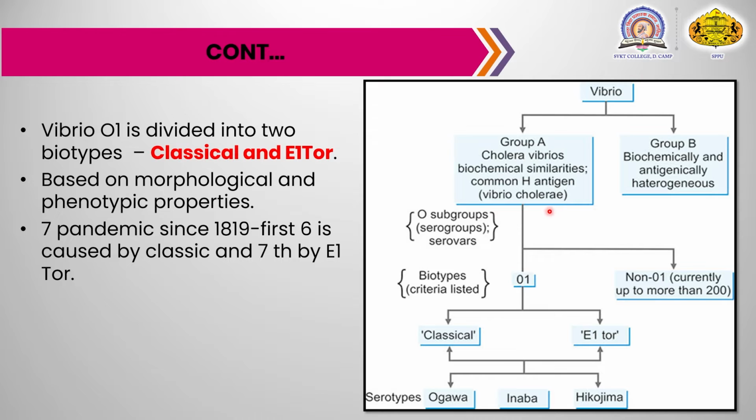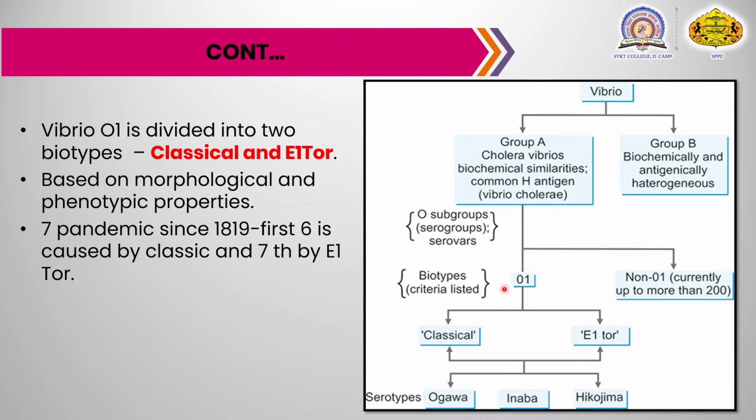When we talk about group A, on the basis of serogroups, the O1 group is categorized as the organisms which are agglutinated by antisera of O1, and the other Vibrios are those which are not agglutinated by O1 antisera. The Vibrios not agglutinated by O1 antisera are also called NAG Vibrios, and NAG Vibrios are found to be non-pathogenic.